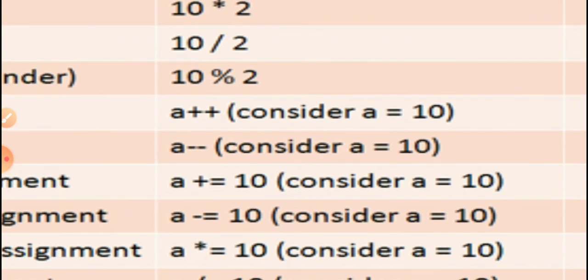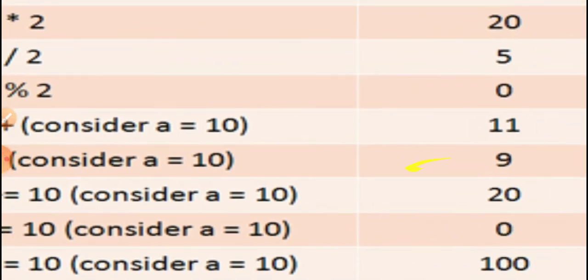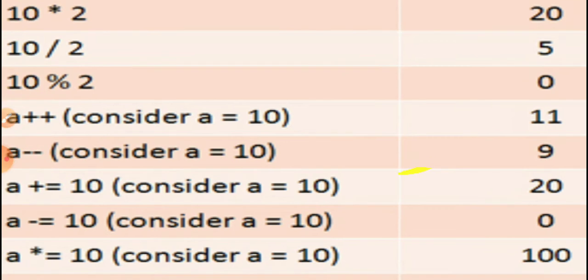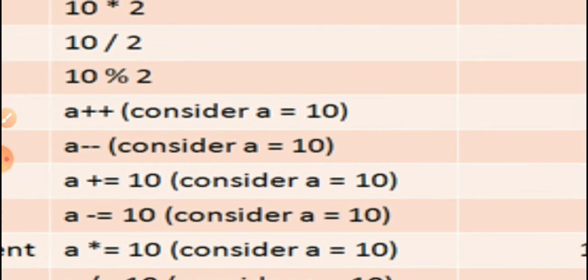We are giving the example a plus plus. Now consider the value of a is 10. So after giving this expression, the value of a will be 11. Okay. Next, a minus minus. Consider a is the same 10. Now the value will be 9 because it will decrease the value. It will subtract 1 from 10.